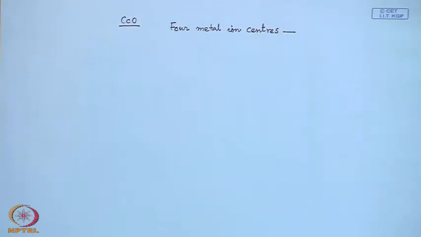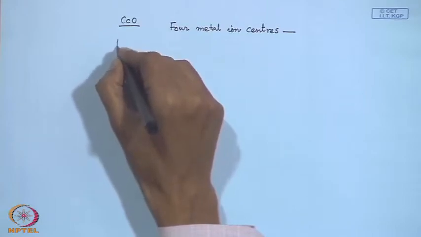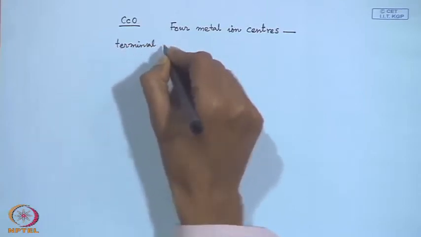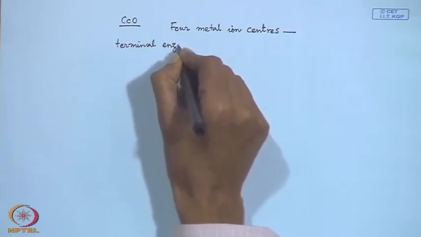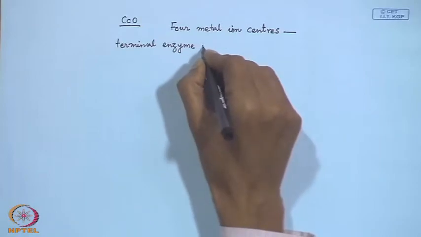So, when a system, particularly a catalytic site, has 4 metal ion centers, it would definitely be a complicated system, and it is attached to the terminal enzyme in the respiratory chain.